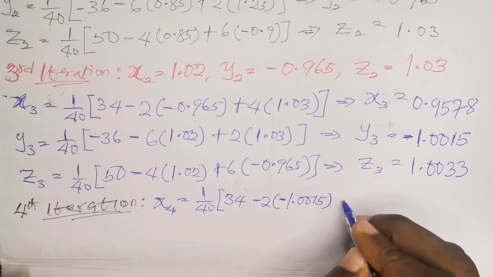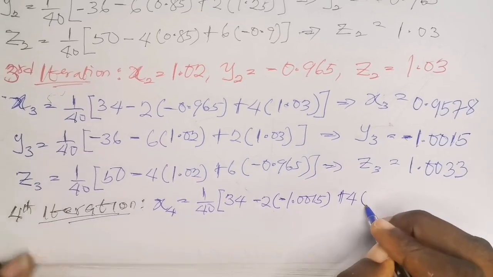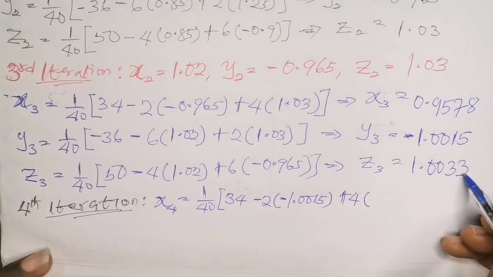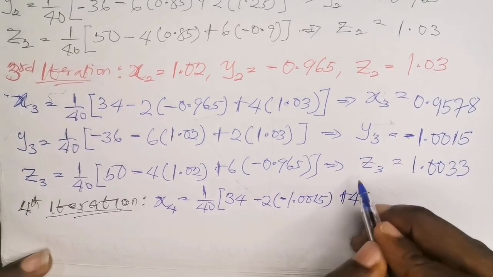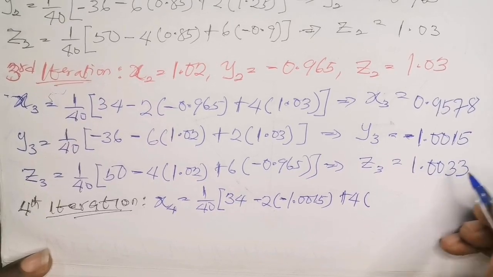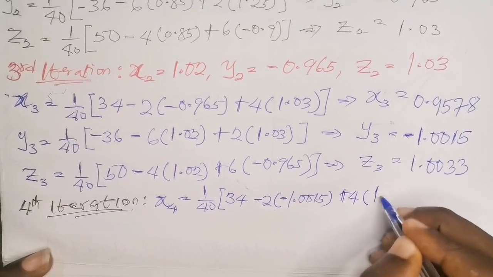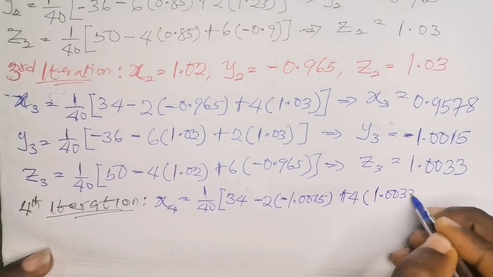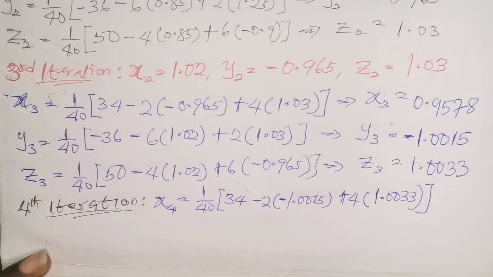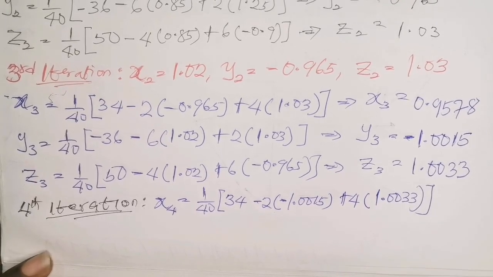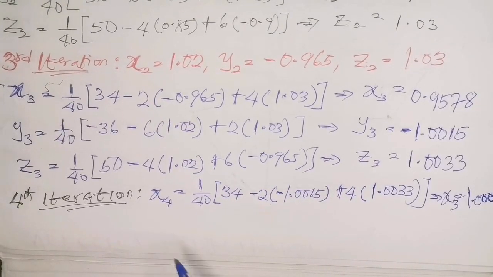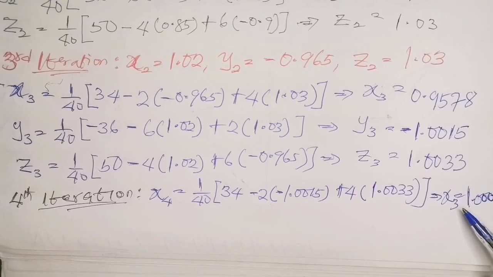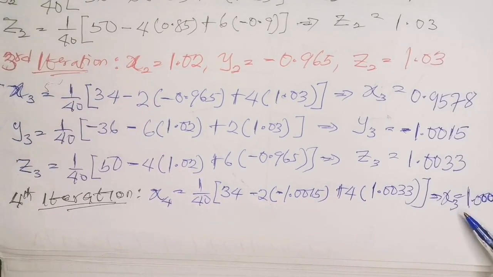So this is now plus 4, and z becomes z3, and we obtain z3 here to be 1.0033 approximately. So plus 4 times 1.0033. So let's see what we are going to obtain for x4. Okay. So upon final evaluation, we had x4 to be equal to 1.0004 in 4 decimal places.